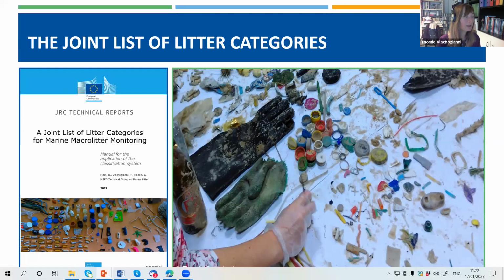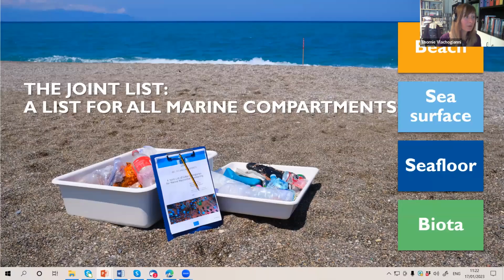And we are happy to have now the most refined version, the so-called joint list, and also to have a detailed manual for the application of this classification system. This list is applicable for all marine compartments, for beaches, for the sea surface and for the seafloor, and also for biota when it comes to macrolitter.